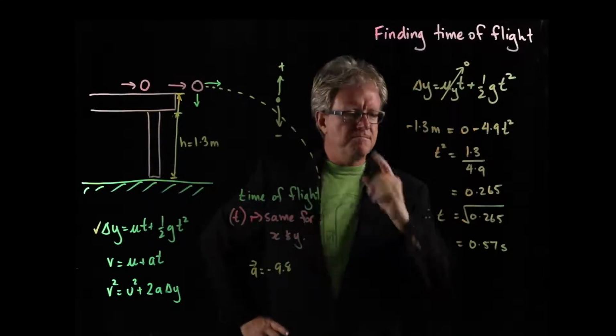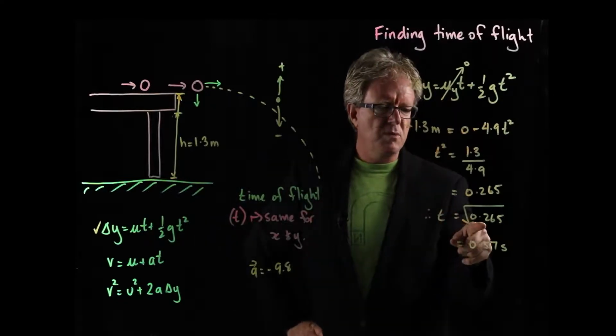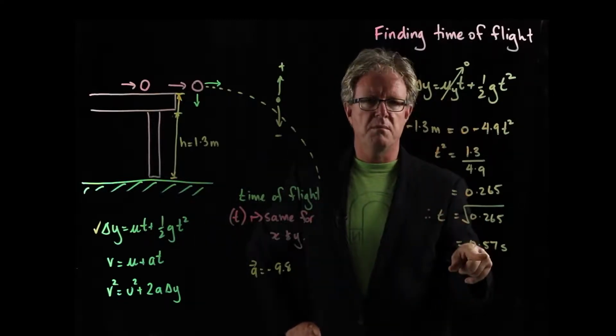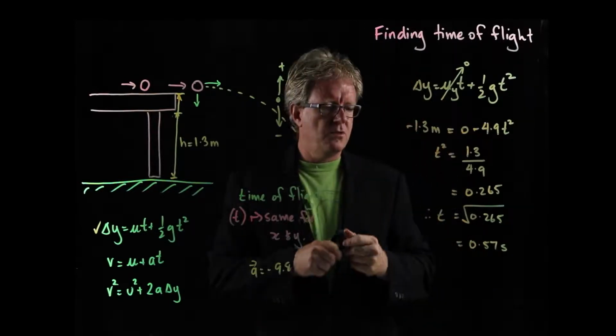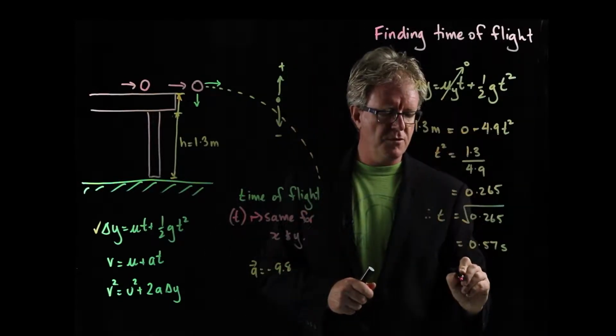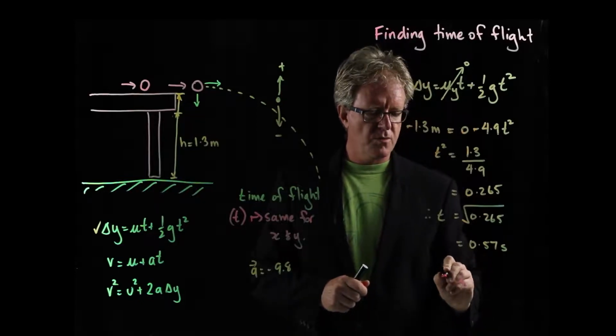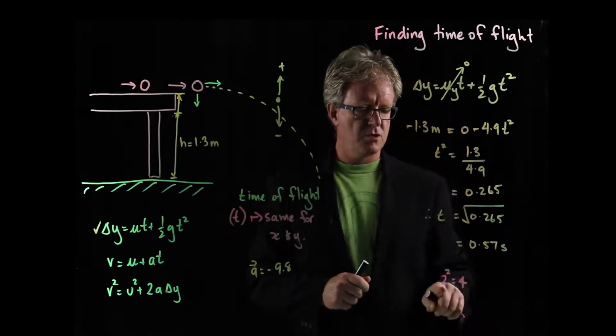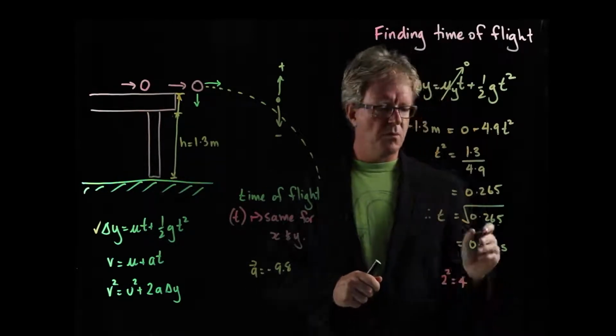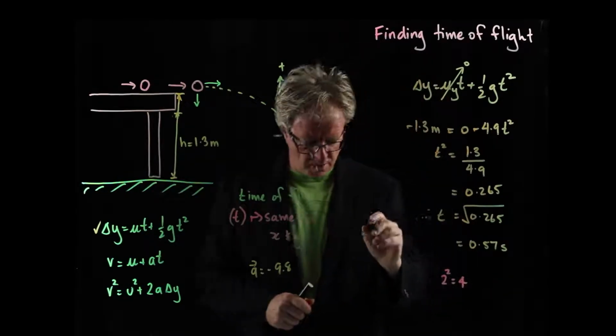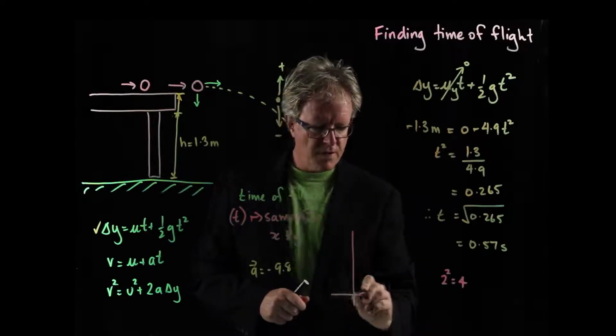Now what's interesting is that we've got a small number here, we take the square root of the small number, and we end up with a bigger number. You know yourself that if you have 4, the square root of 4 is 2, so smaller number, bigger number. Normally that's the other way round, but what's going on here? Well, we look at the graph of a square function.